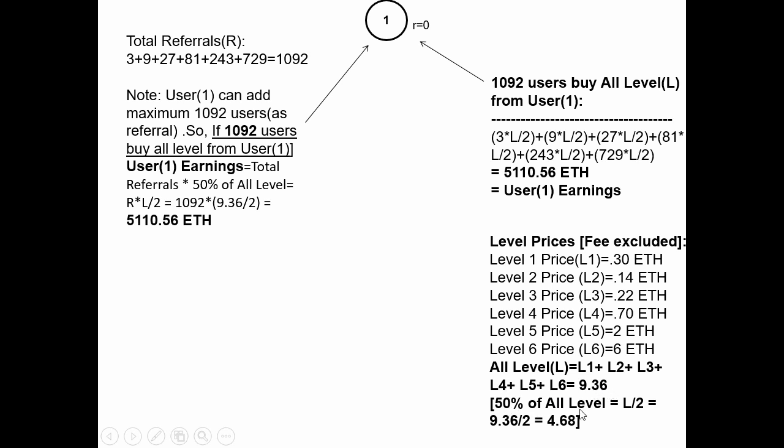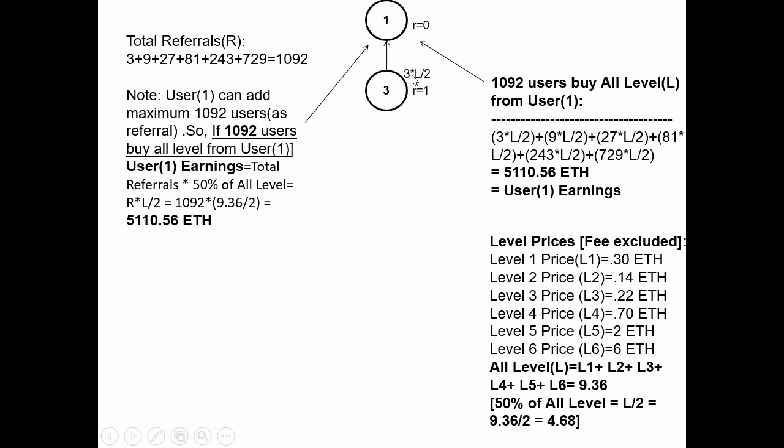And 50% of all levels, that means 4.68 Ethereum. So if this user 1 adds 3 people in his first level, and these 3 users buy all levels from user 1, what will happen?